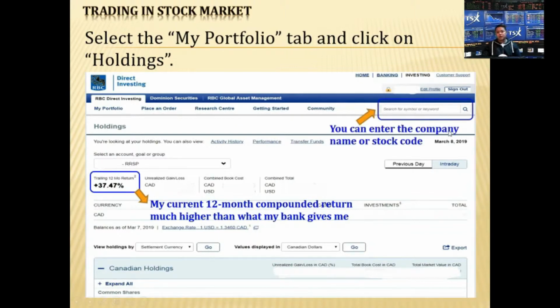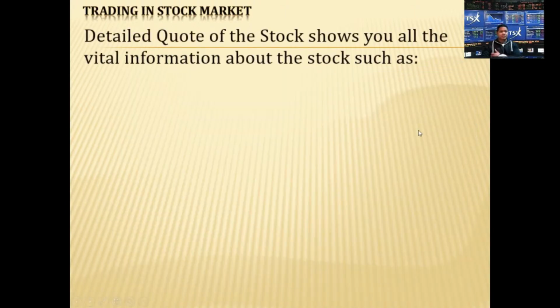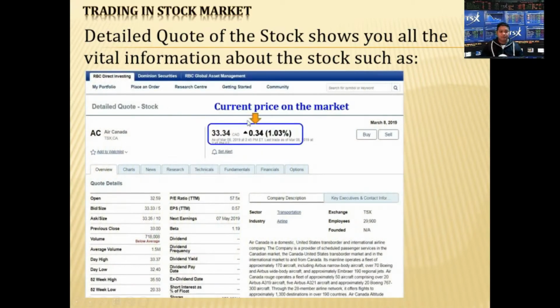And here you can also enter the company name or the stock code, so you can check how the stock is doing. For example, Air Canada. Once you enter Air Canada there, or AC, it will give you the detailed code of the stock, and it will show you all the vital information about the stock, such as the current price of the stock on the market, and it changes from minute to minute, from hour to hour during the trading hours.